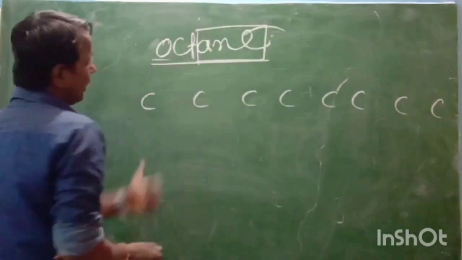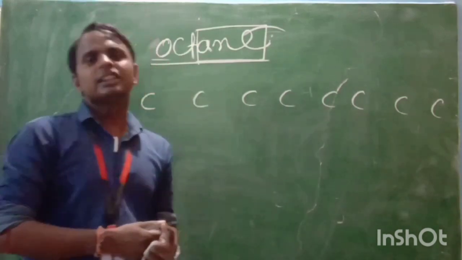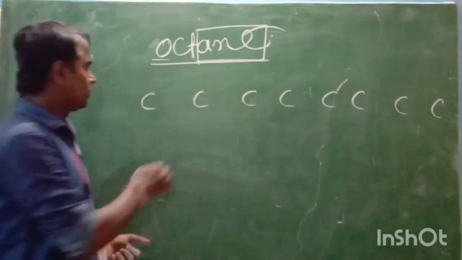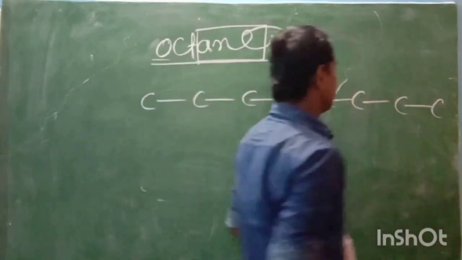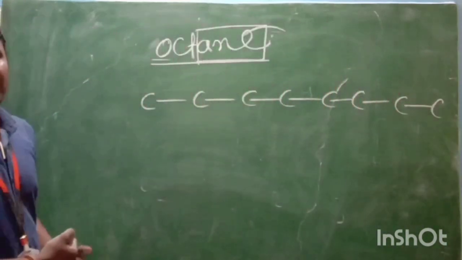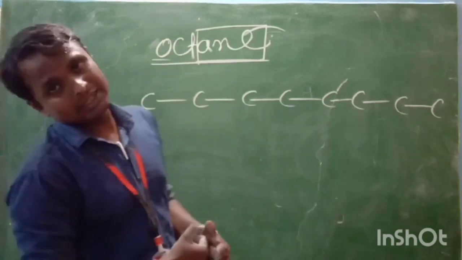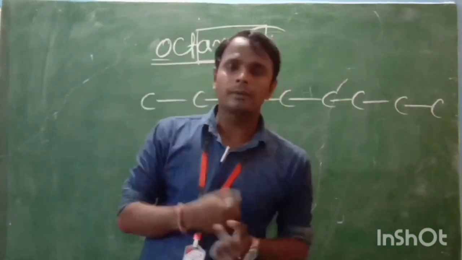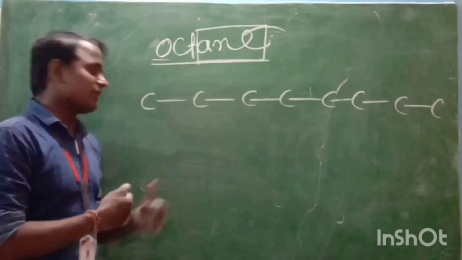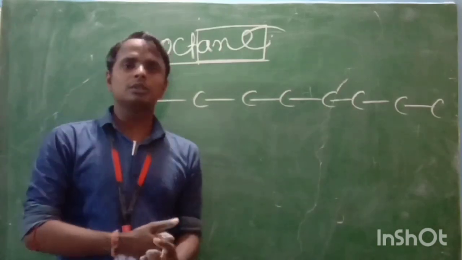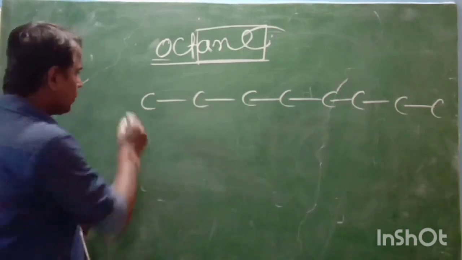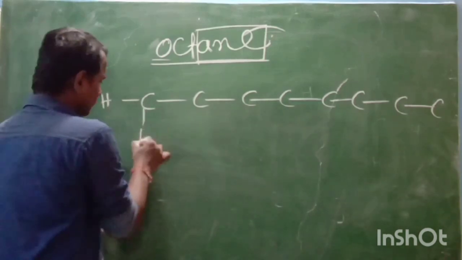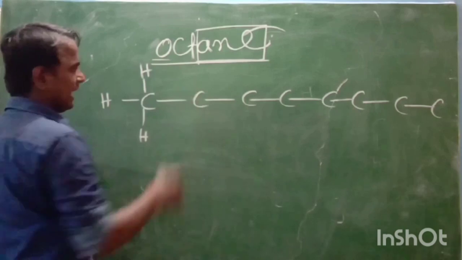Next, ane means carbon single bonds, so write single bonds. Next, fill the valency of carbon. Again I repeat, the valency of carbon is 4, and in this chapter we fill the valency of carbons with hydrogen. Here the carbon forms 1 bond and 3 bonds are left, which are formed with hydrogen atoms.